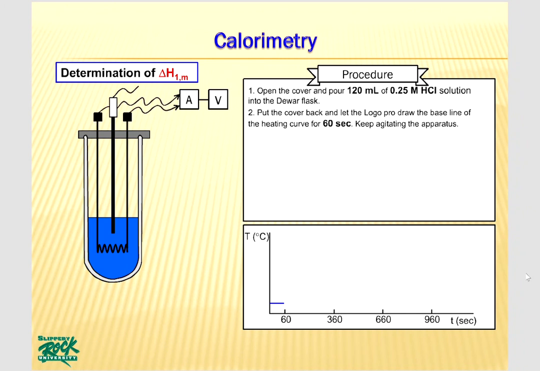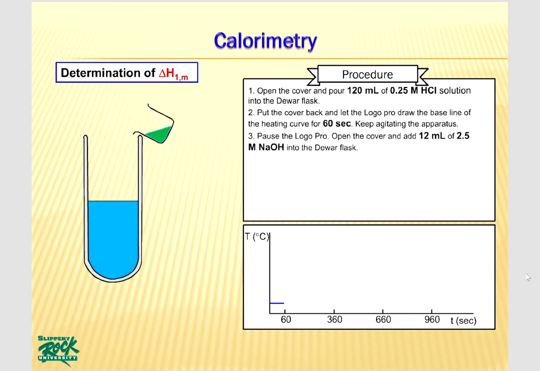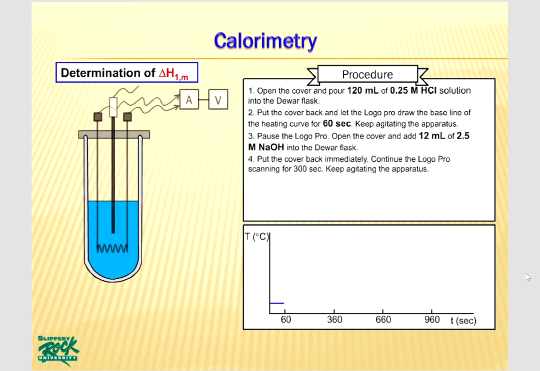Keep agitating the apparatus to maintain thermal equilibrium inside the calorimeter. Pause the Logo Pro. Open the cover and add 12 milliliters of 2.5 molar NaOH solution into the dual flask. Put the cover back immediately. Continue the Logo Pro scanning for 300 seconds.